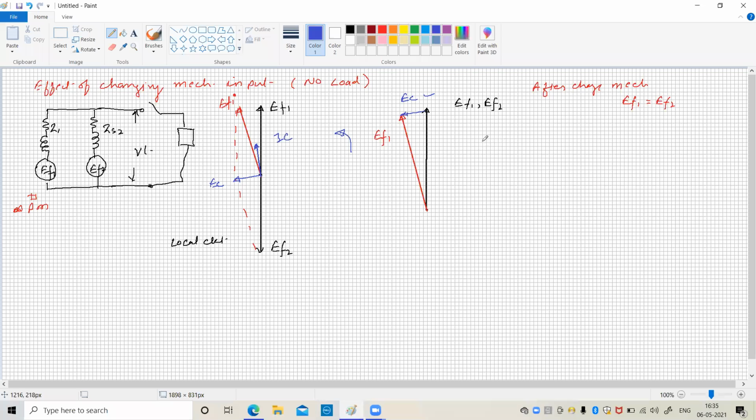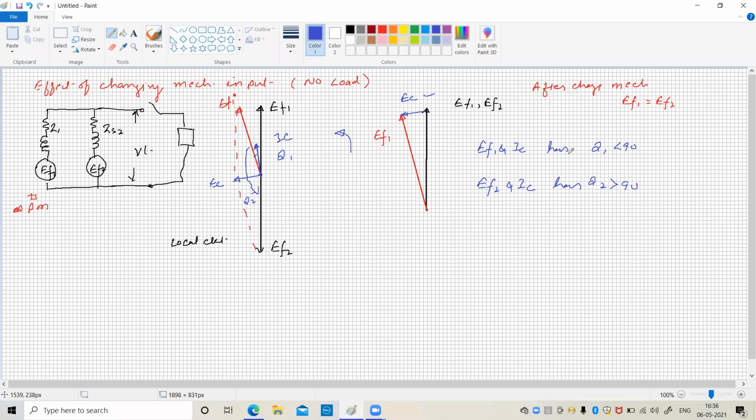So I write here EF1 and IC have an angle, say theta1. This theta1 is smaller than 90 degrees, whereas EF2 and IC have an angle, say theta2, which is greater than 90 degrees.